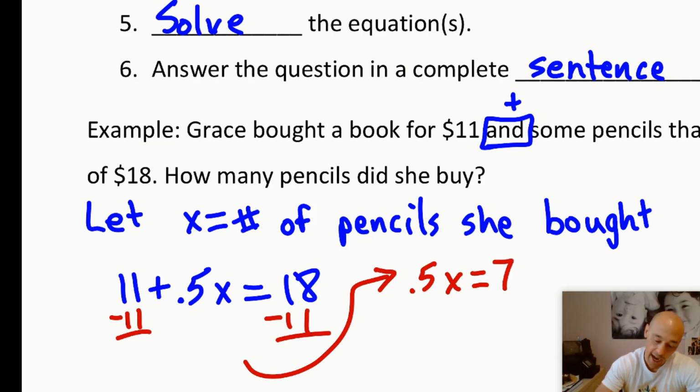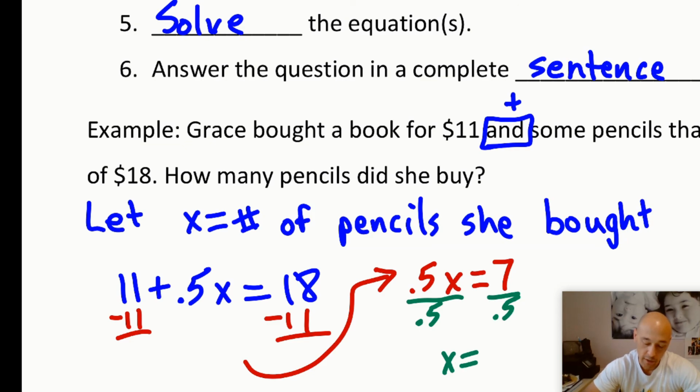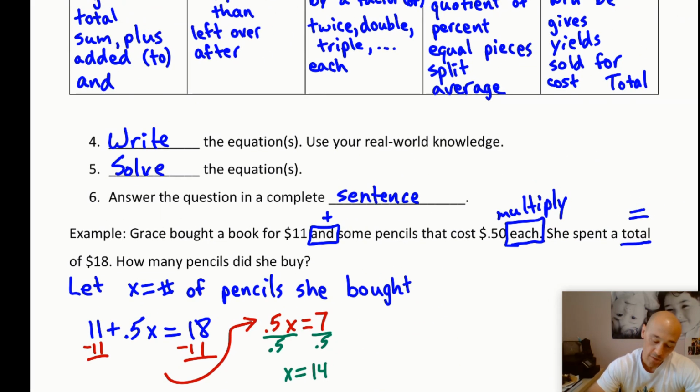Now I divide by the 0.5. And it may seem weird to divide by a number that's not a whole number, but you can do it. You can just do it in a calculator. And what you'll get is 14. Well, that's because dividing by 1/2 or 0.5 is the same as multiplying by 2. So we've solved the equation.